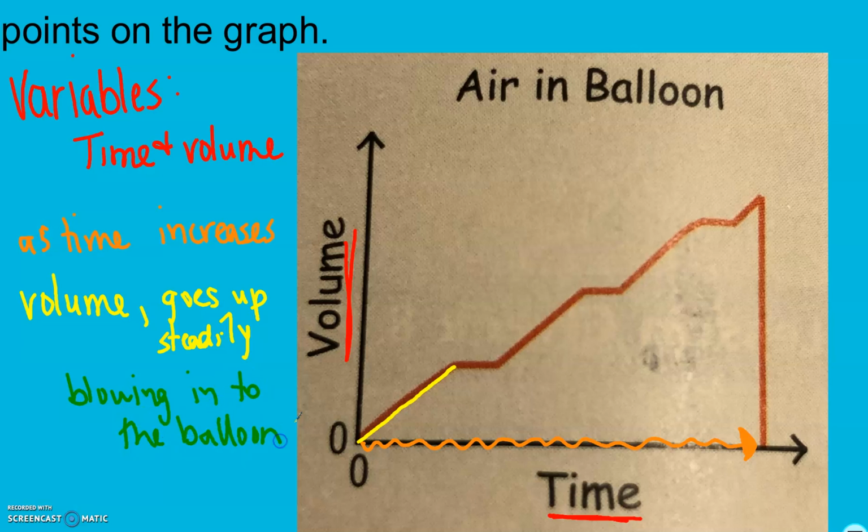And then if we look, it flattens out. Where it flattens out, that's where we pause to take a breath. So volume, we say, remains constant, because we take a breath.